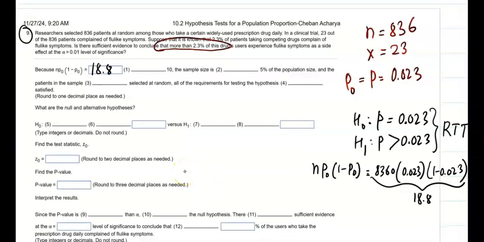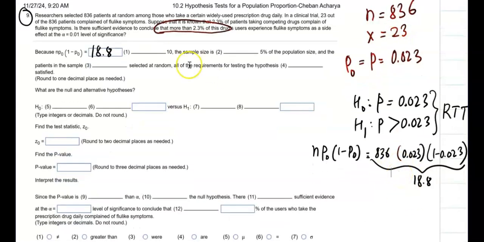Okay, by the way, this is not 0 here. My bad. It's only the sample size, 836. Okay, 836 here. So I put that in np0(1 minus p0), which is going to be 18.8, 1 decimal place, and you have to select a bunch of options from the drop-down menu.